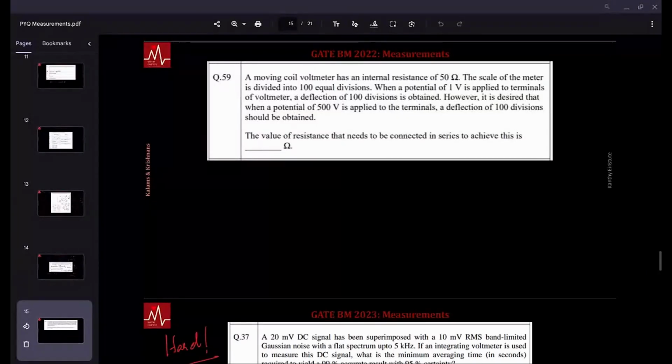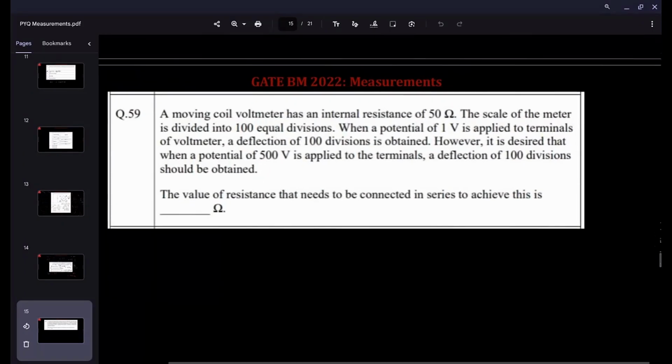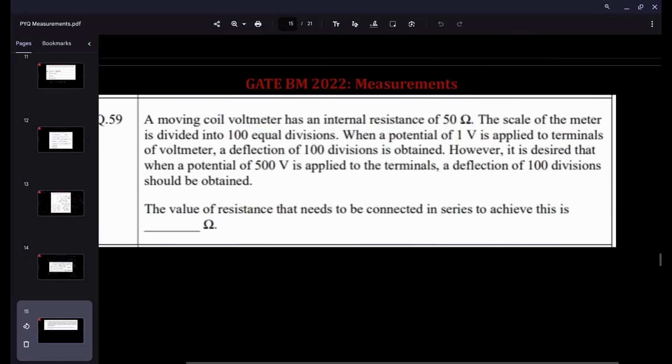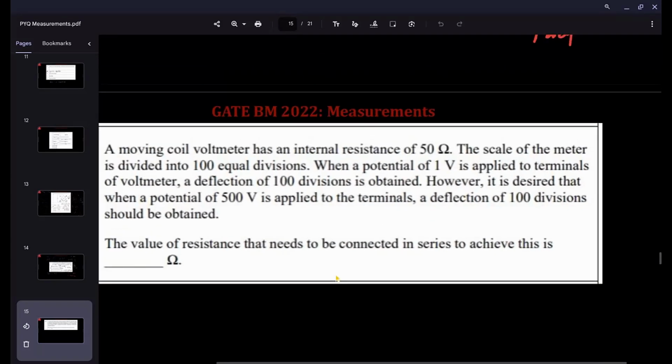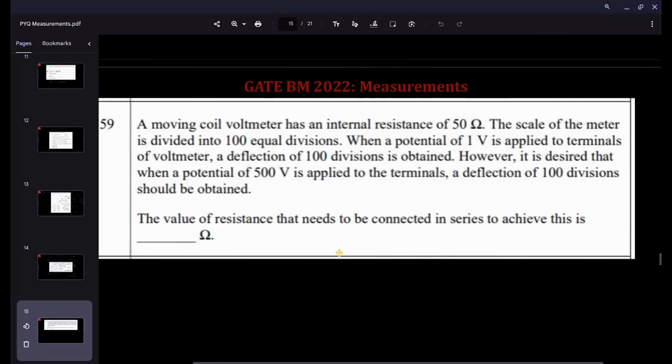Give me a simple strategy before going to numbers, before going to equations. This is a very easy question. V is IR. It only needs that relation, but you need to understand what's what.